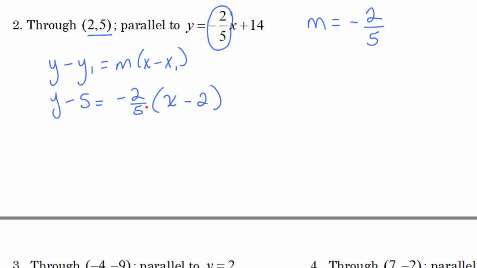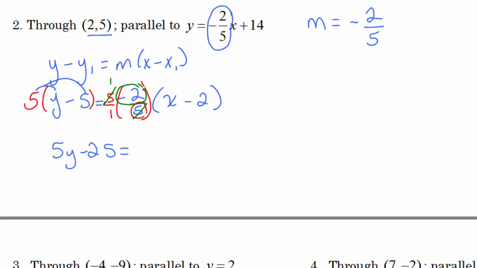This time I want to get rid of the fractions, so I'm going to multiply, remember, by that denominator. I'm going to distribute. What happens? Those divide out, and I want to distribute the negative 2. Then I'm going to add 25 to both sides.